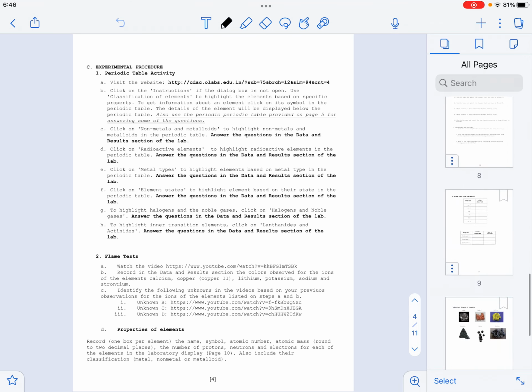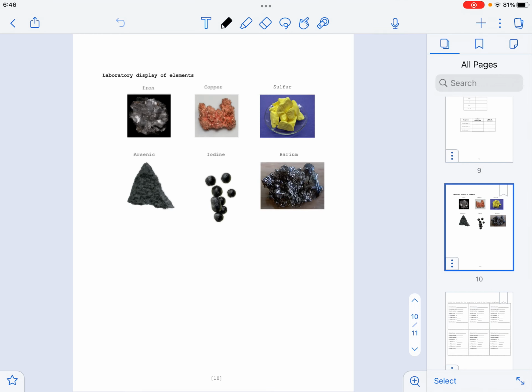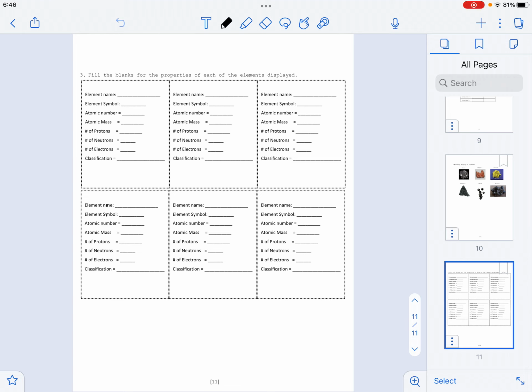So when you look at the lab sheet, that element display is right here. You have the elements iron, copper, sulfur, arsenic, iodine, and barium. All of the data that needs to be collected from this laboratory display is going to be utilized to fill in the information that we have here.